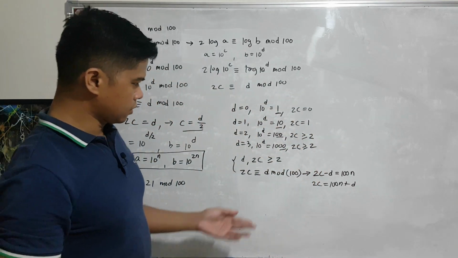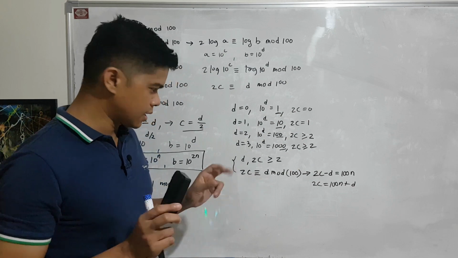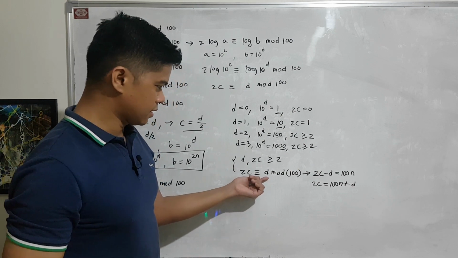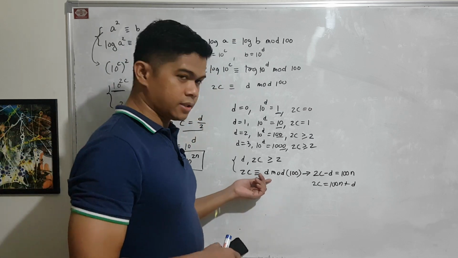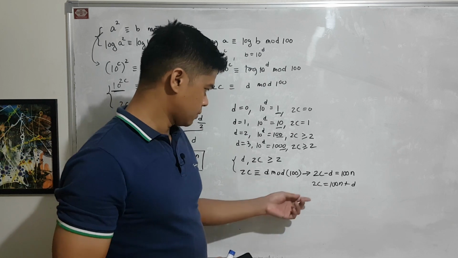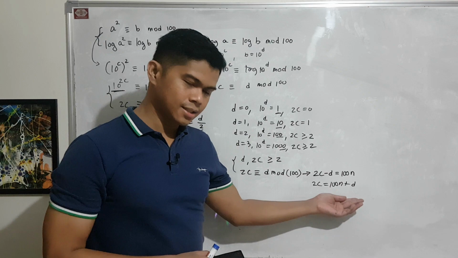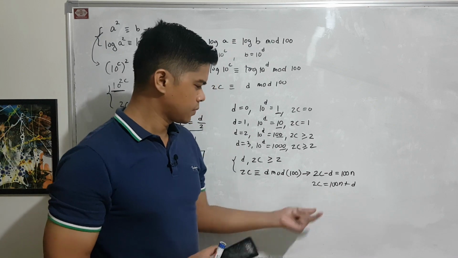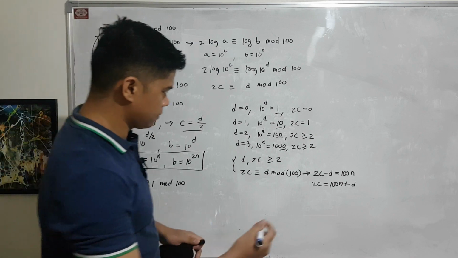Another way to think about congruence is that since D is the last digit, or the last two digits of a number, that's kind of a remainder when you divide by 100. So you can think of a number multiplied by 100 and you just add D, and that's your 2C. Okay, so we can divide by 2 here.